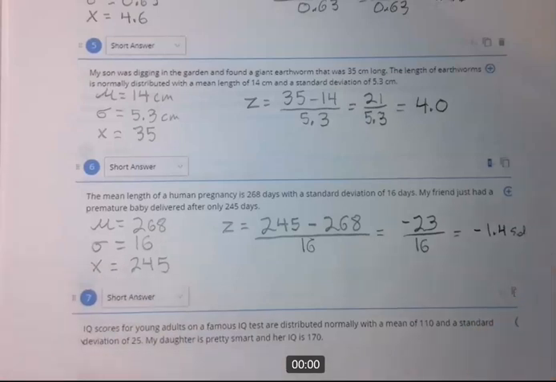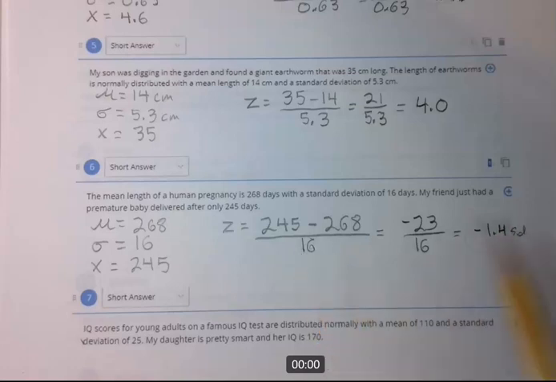So 16% of all pregnancies would be below 1 standard deviation. This is 1.4, so this is down around the lower 9 or 10% of all pregnancies that would be that far below the mean.